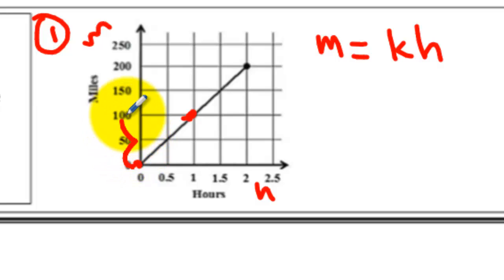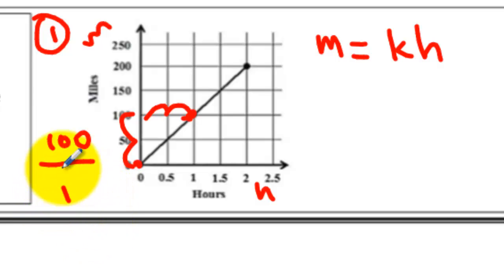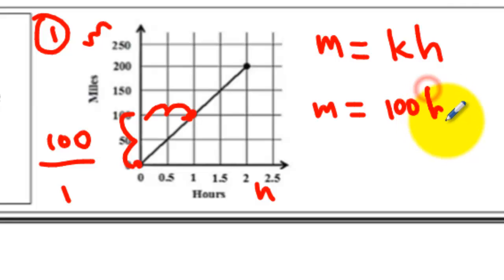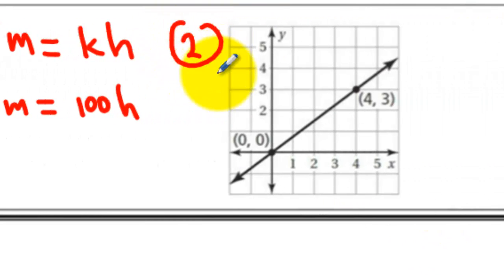So this is 50, 100, so that's 100 over, this one is 0.5, and then 1. So the slope is 100 over 1, or equal to 100. So the equation will be m equals 100 times h. Alright, for question number 2, go ahead and pause the video. Find the equation for this graph of direct variation.